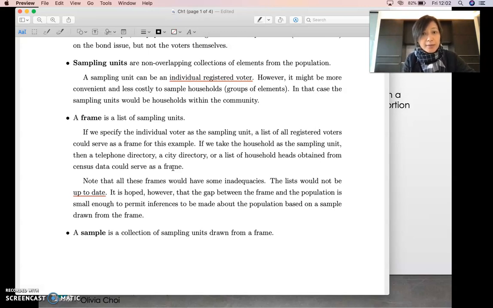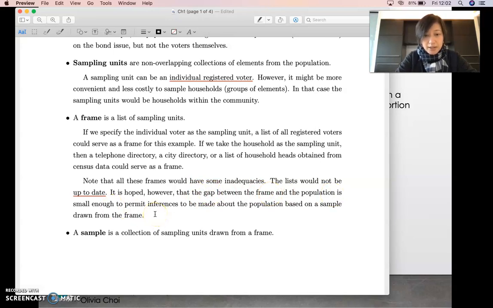Then we would end up having coverage error, because we don't have everyone. Supposedly, they need to be randomly selected to be included in the sample. But if the name is not shown on the full list, then they can't be selected, right? So we need to be careful to avoid any gap between the frame and the population.